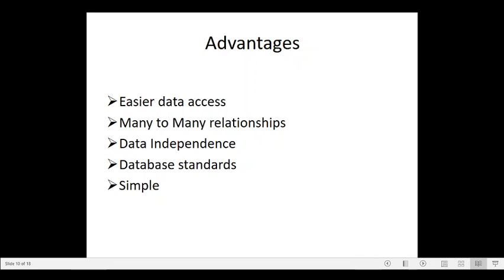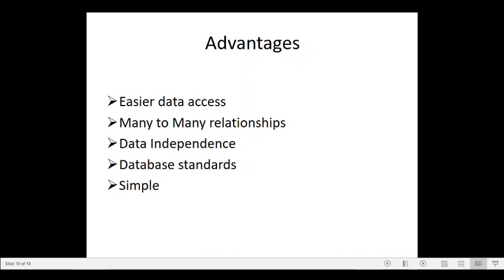Now let's understand some of the advantages and disadvantages. Before that, let us analyze the scheme of the hierarchical model, which was like a family tree, whereas the network model replaces that hierarchical tree with a graph, allowing more general connections among the nodes.